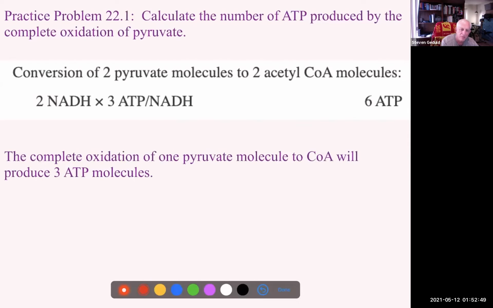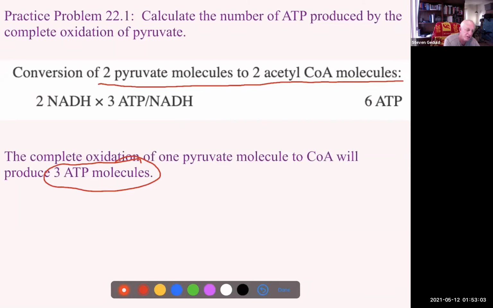Complete oxidation will produce 3 ATP molecules. Okay. So pyruvate goes to acetyl coenzyme A. You're not running the citric acid cycle yet, but it says just complete oxidation of pyruvate. Okay. So you're going to put 2 NADHs, and every 2 is going to produce 3. That gives you 6 ATPs.